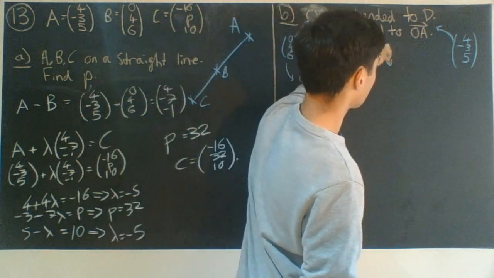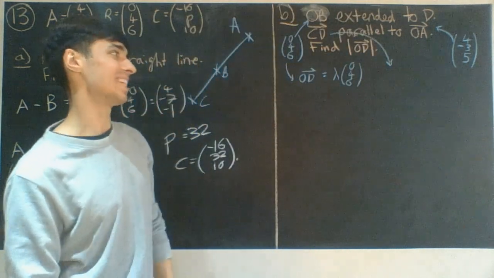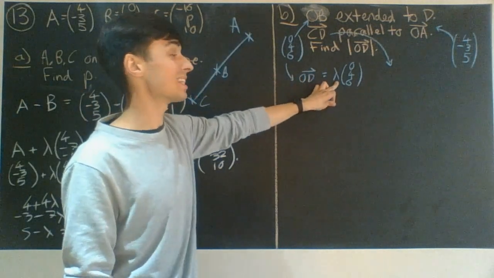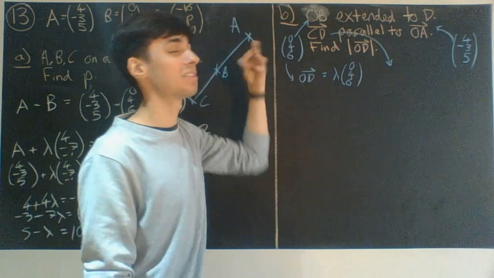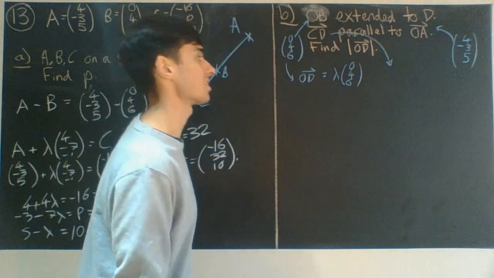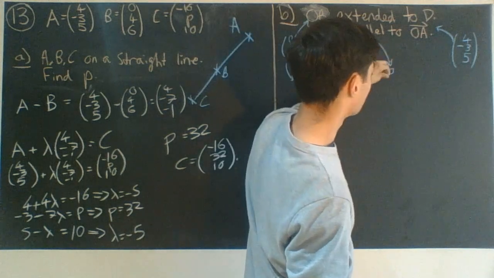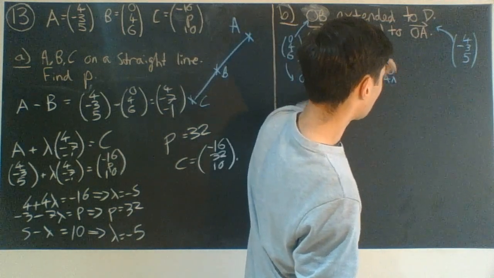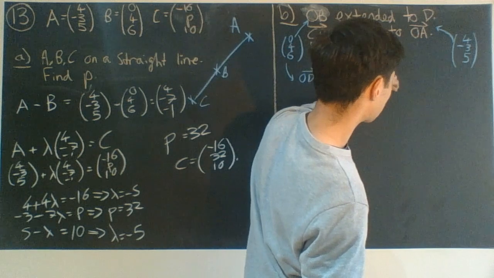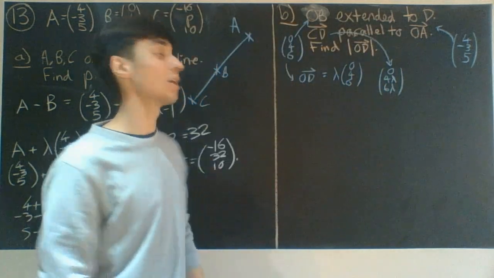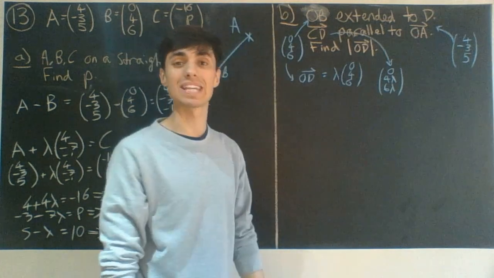So let's write that here. To go from C to D, the direction vector from C to D is D take away the position vector of C. So it's going to be (0, 4 lambda, 6 lambda). That's the position vector of D because I've multiplied this lambda in there.